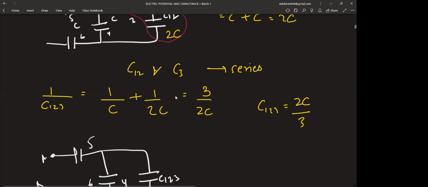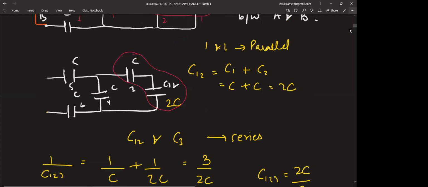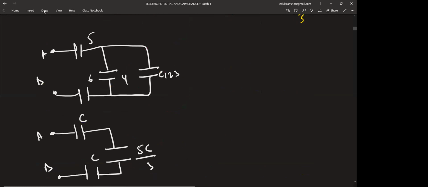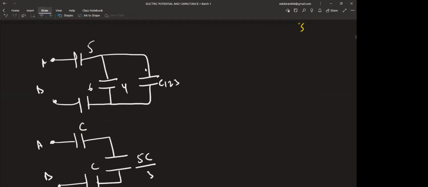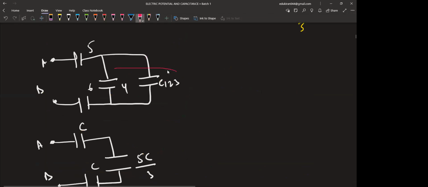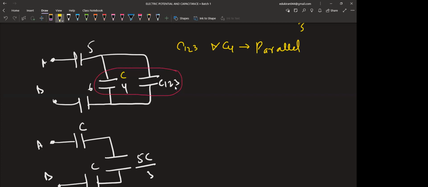So now look, instead of these two, I can replace it with one capacitor, which is C123. Now how can I solve it? C123 with C4 is again forming a parallel combination. What is C4? C4 is C. What is C123? It's 2C by 3.